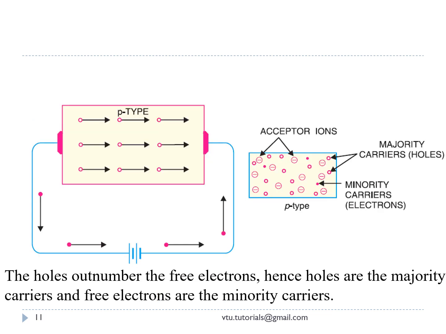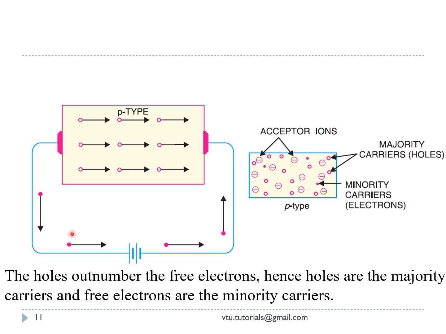When the potential difference is applied to the p-type semiconductor, the holes are shifted from one covalent bond to another covalent bond.